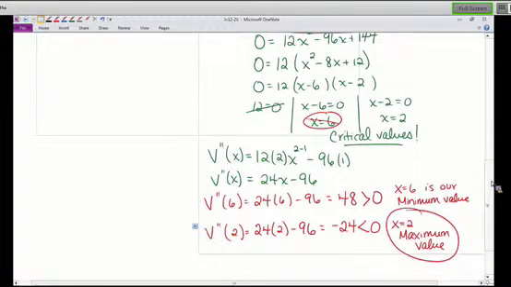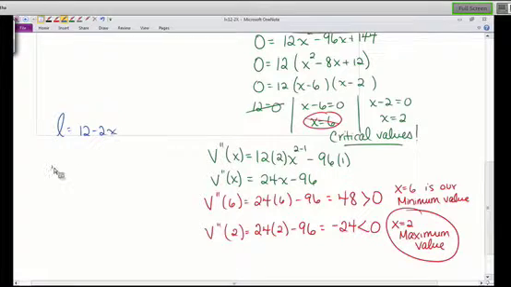Okay. So for part A, the question asks us for the dimensions which will yield a maximum volume. So keep in mind, what were our dimensions? Our length was 12 minus 2x. Our width was 12 minus 2x. And our height was x. Now the value that will give us a maximum is when x is equal to 2.